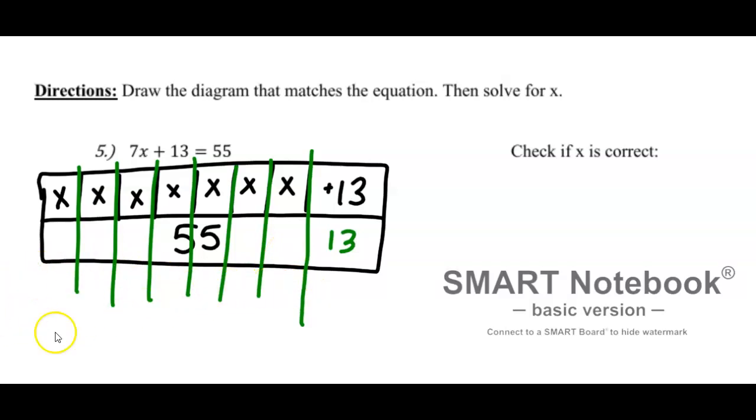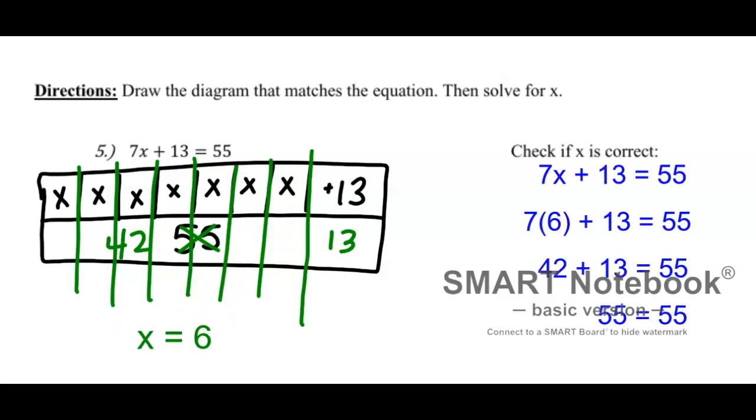With the 13 off, how big is it? I'm hoping you said 42. And when we divide our 7 x's, 42, into 7 equal chunks, my x would be equal to 6.